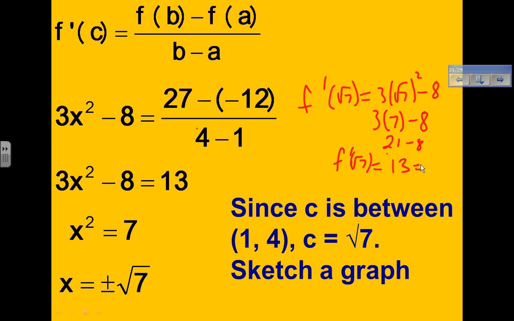And it's also the average, 27 minus negative 12 over 4 minus 1. This is the rate of change, okay? So the square root of 7 gives you where that happens. All right, good.